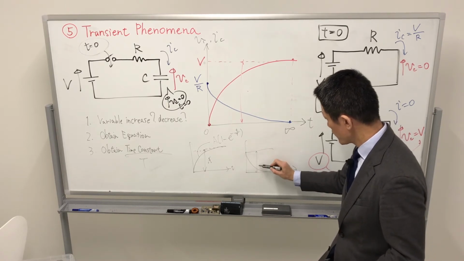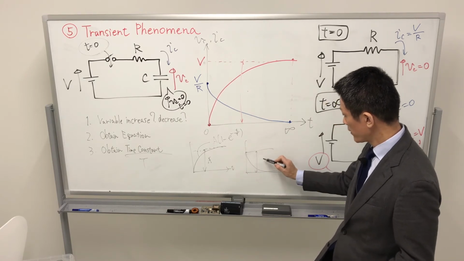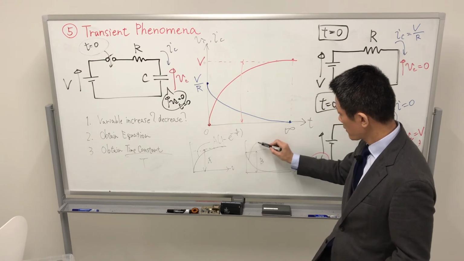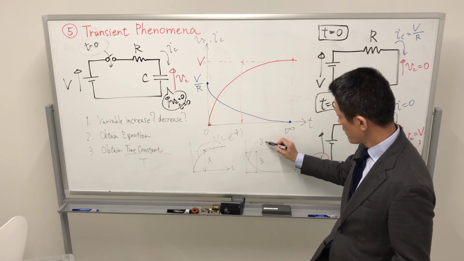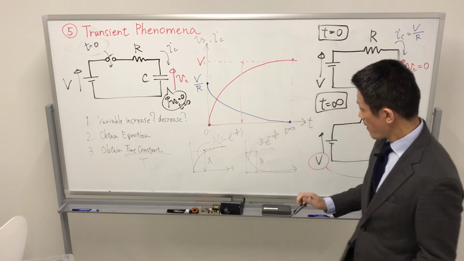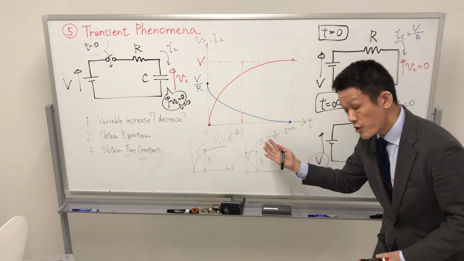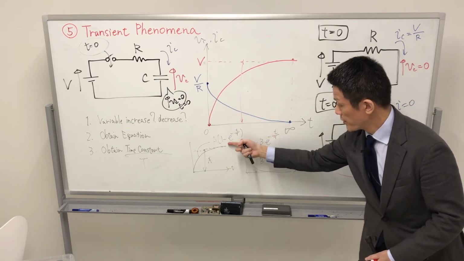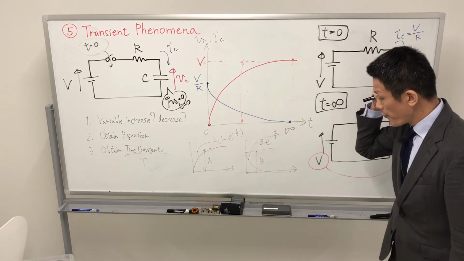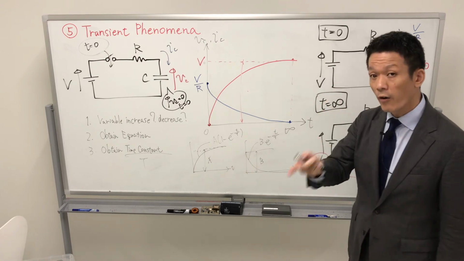The transient has a lower value, and the upper value of this transient is B. This curve indicates B times e minus. Each shape's equation is already decided, so please remember only this equation in your brain, okay?